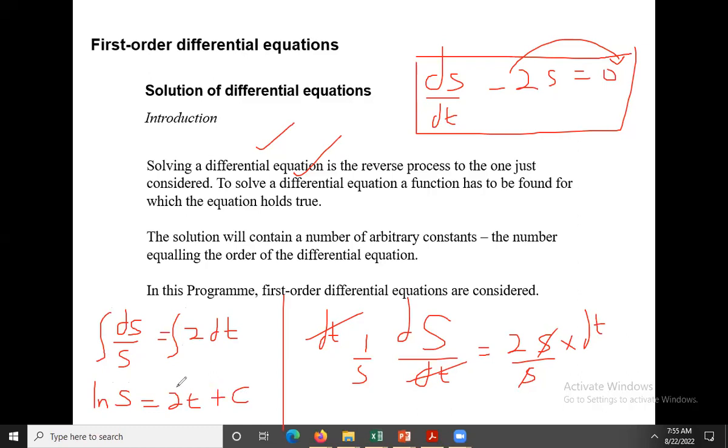Then from there, you can find your s by finding the exponent of both sides, which will give us s equals e raised to the power 2t plus c, which is the unknown constant. So that is how you can get the actual function from the derivative using the direct approach.